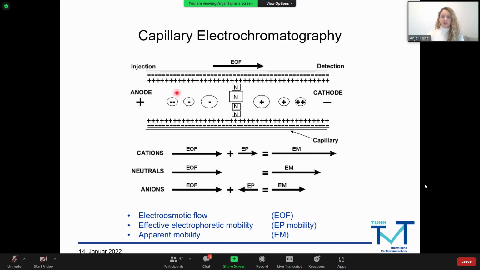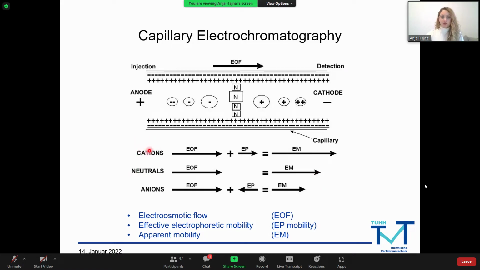So if we have, as I said, this situation in which our fluid is moving, if we say this is our positive direction, our neutral compounds, since they are not attracted to either the anode or the cathode, would only move due to the electroosmotic flow. And their apparent mobility here, called EM, is going to be equal to this.